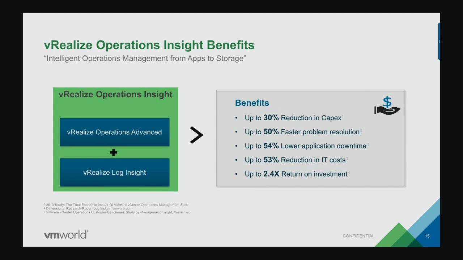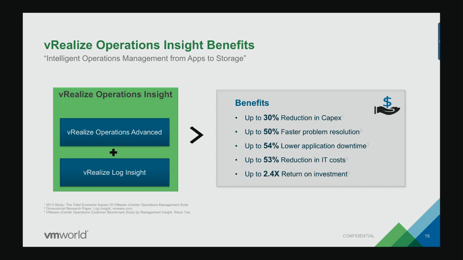From a numbers perspective, there's a bunch of benefits that would make sense, especially if you're trying to make a case up your management chain. Think about the improvement in terms of downtime, being able to have more visibility into your environment, things of that nature. But also, from a financial perspective, there's 2.4x return on investment.